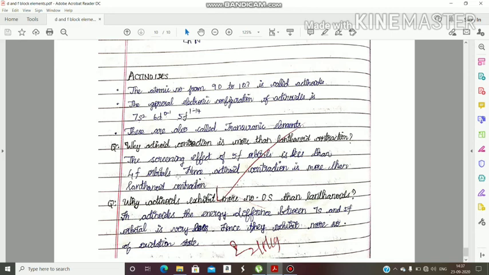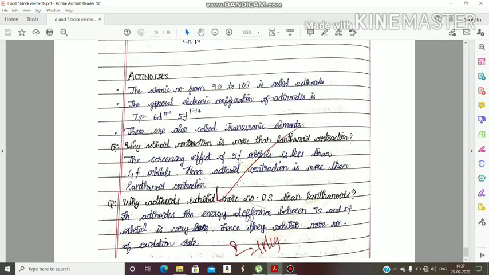So what is the reason here? The screening effect of 5f orbitals is less than 4f orbitals because 4f orbitals are somehow close to the nucleus. But these 5f orbitals are present in the fifth orbit, while those are present in the fourth orbit. Compared to the fourth orbit, the fifth orbit is somehow far from the nucleus. Automatically, these have less screening effect. In this case, more nuclear attraction will be present on valence electrons.